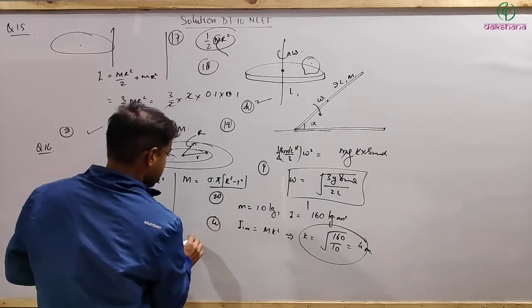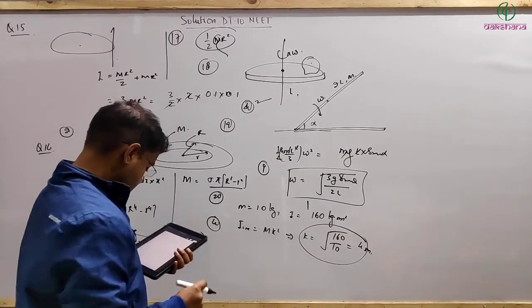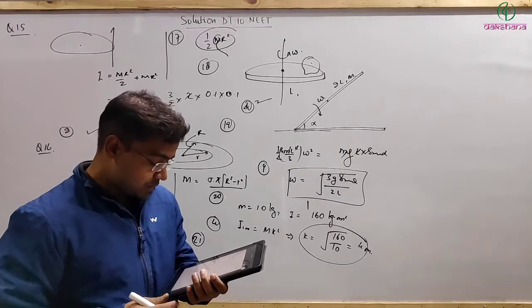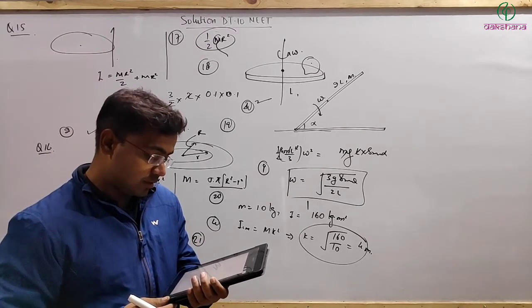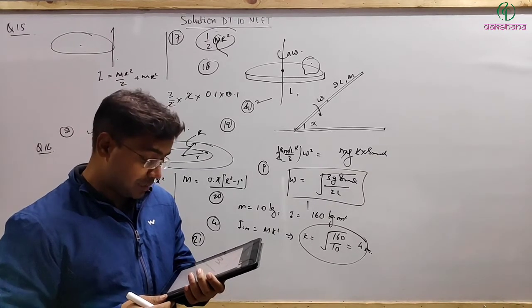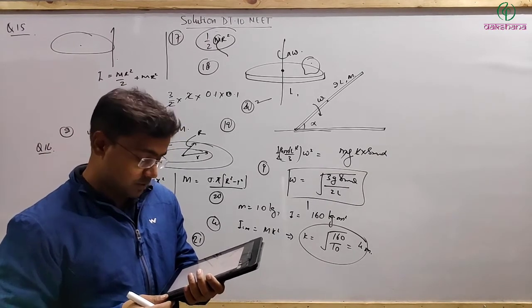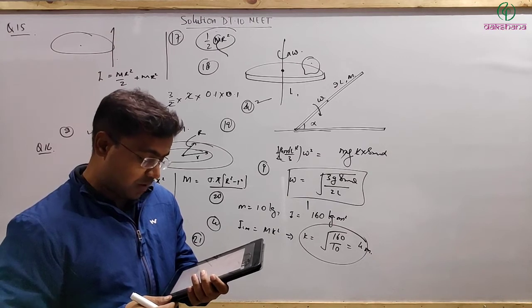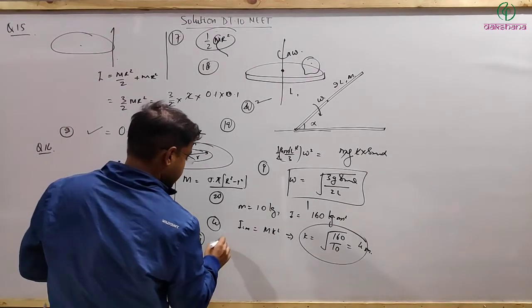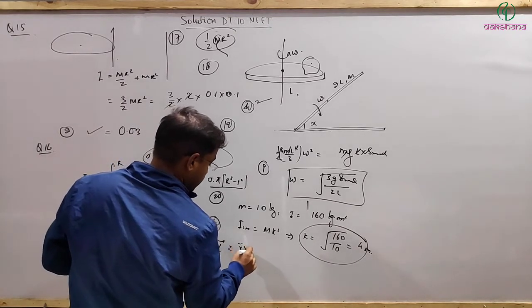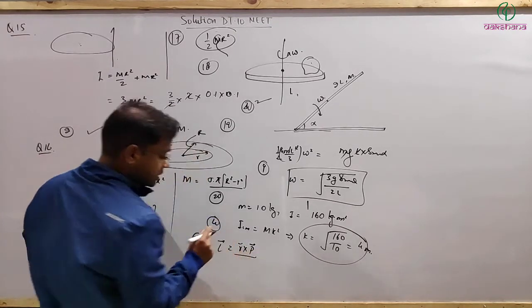Next question number 21. यहाँ पे position of a particle is given by r I cap plus 2j cap minus k cap and linear momentum p bar 3 I cap plus 4j cap minus 2k cap. Angular momentum is perpendicular to, तो यहाँ पे आपको angular momentum निकालना पड़ेगा L bar is equal to r bar cross p bar. Everything is given to you.